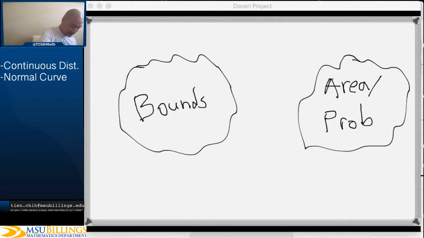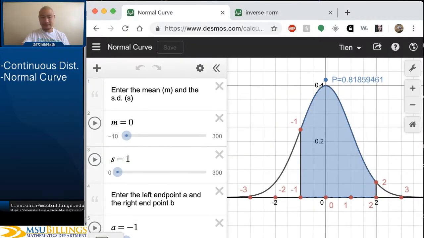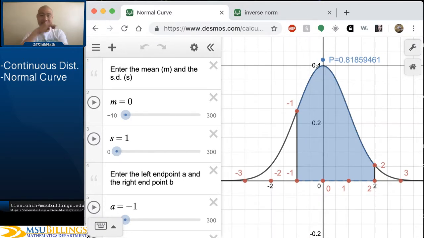What we discussed last time was how we can use the normal calculator, let's call it that, to put in bounds, and from those bounds get probabilities.